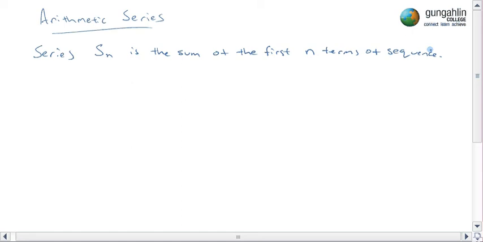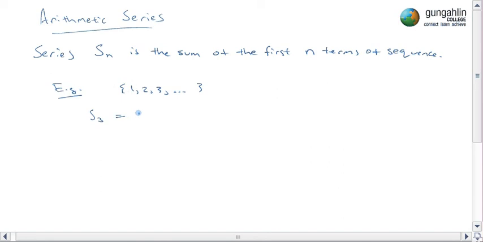So for instance, let's say I had the sequence that looked like 1, 2, 3, etc., right? My favorite sequence, it would seem. And let's say I wanted to know what S3 is. Given this sequence, what would the series S3 be?